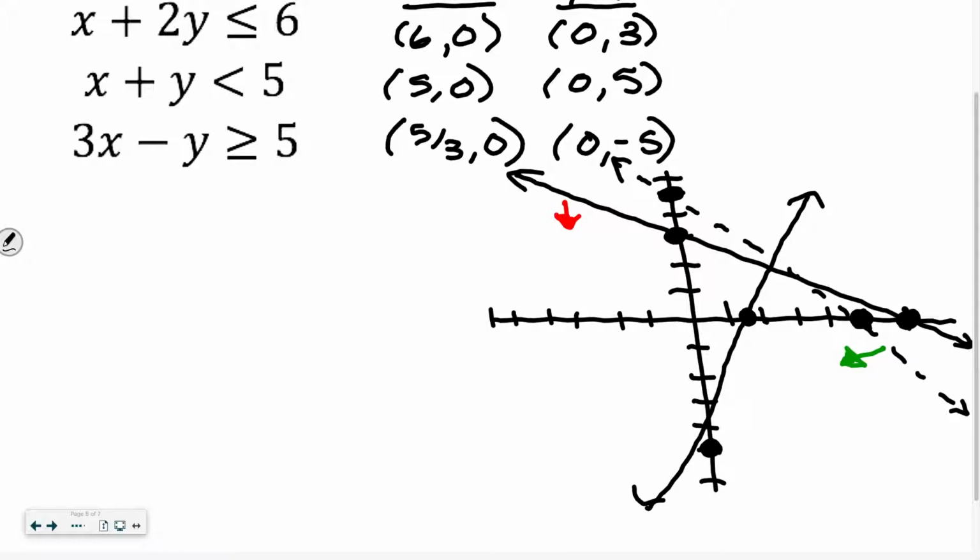When I put 0 in for x and y, is 0 greater than or equal to 5? No. So instead of shading towards (0, 0), I want to shade away from (0, 0), because (0, 0) is not a solution. So this one is shading this way.